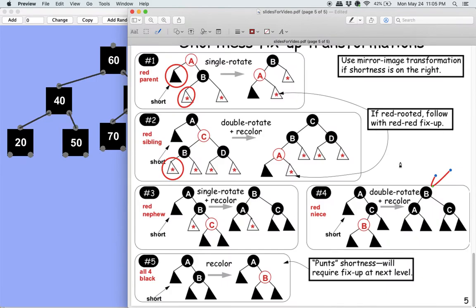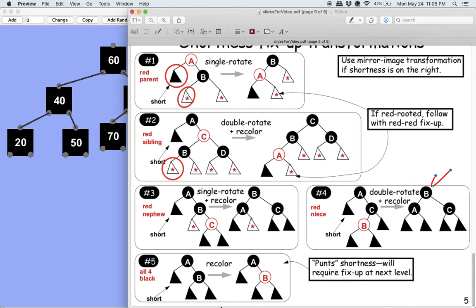Last transformation. Here, nothing is red. Not the niece, not the nephew, not the parent, not the sibling. And so here, all four of those are black. In this case, these guys are black-rooted or null. So we do a recoloring. Basically, here we give up and say, there's not a red here that I can use to make this tree the black height I want.